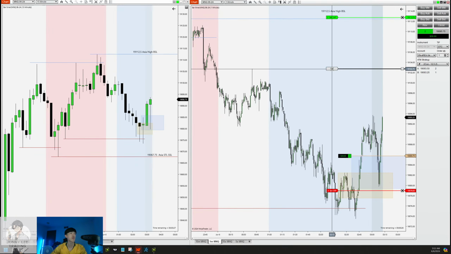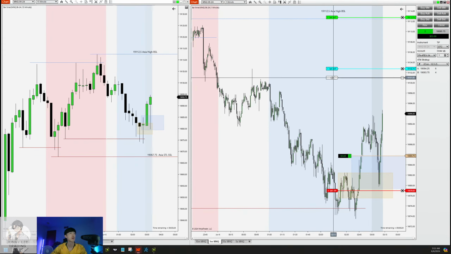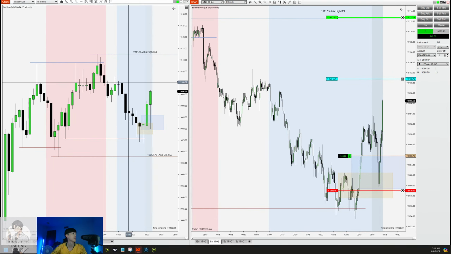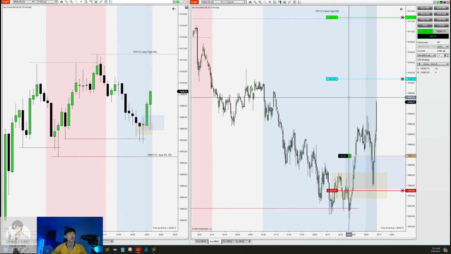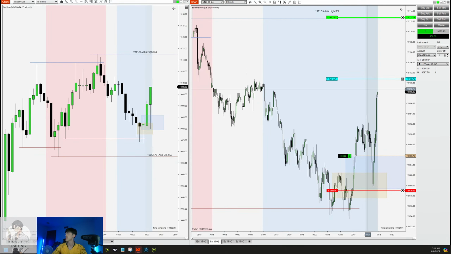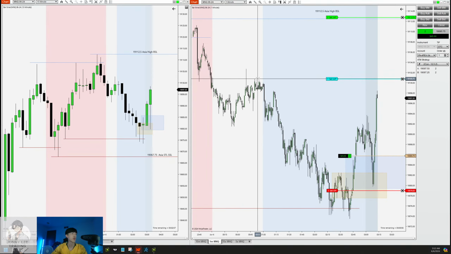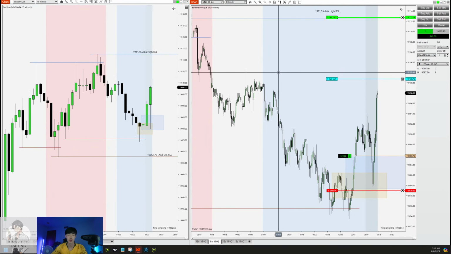To be safer, we could leave our target here as our first area of defense, and even so 19,000, yeah, I think we can see this reach for, I don't know, whatever that is, about 11, 12, 13 handles or so. So we want to take this as our first profit here, because look what this is over here.